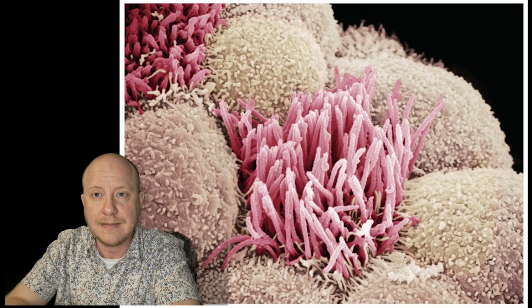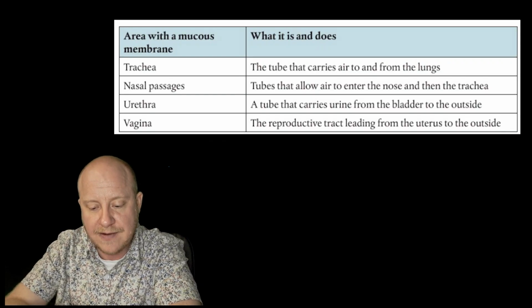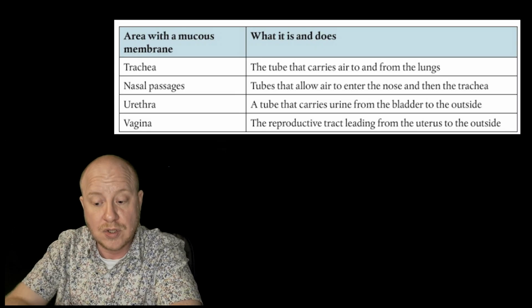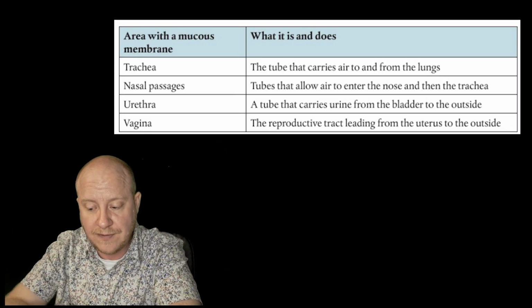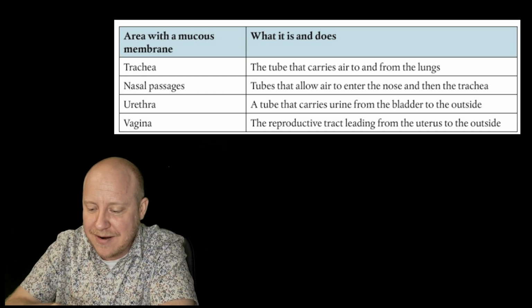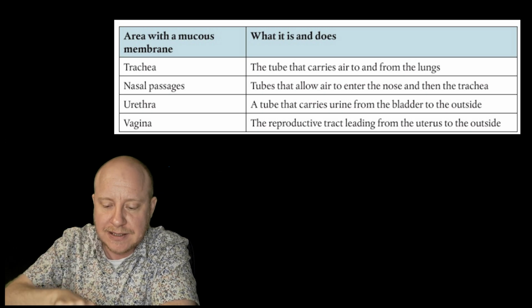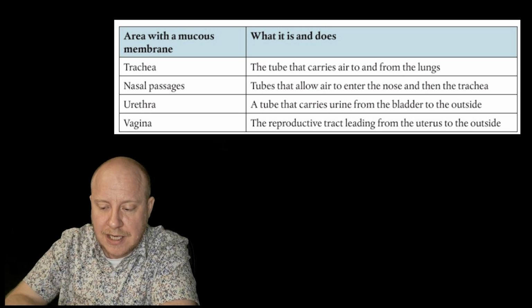Table 1 shows some common areas that have a mucous membrane. The trachea, the tube that carries air to and from the lungs, nasal passages, tubes that allow air to enter the nose, the urethra, a tube that carries urine from the bladder to the outside, vagina, the reproductive tract leading from the uterus to the outside.